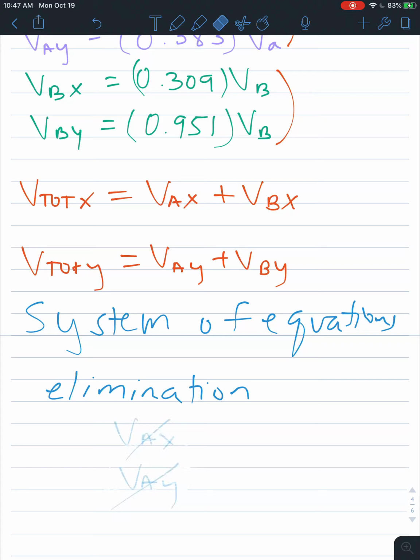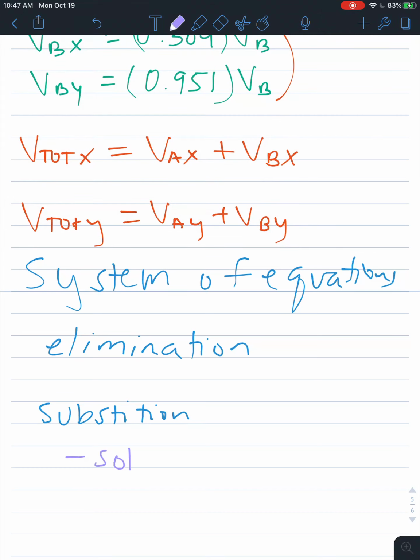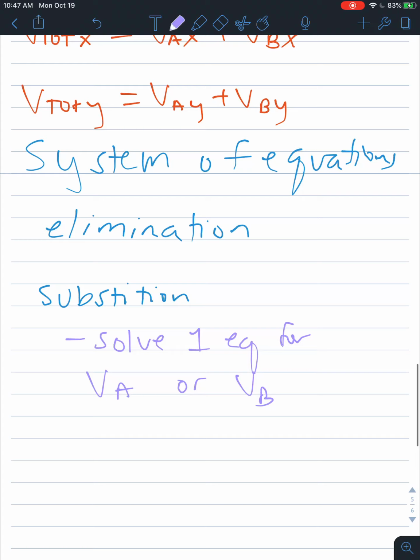You have to multiply your equations by a factor, like maybe multiply this one by 2 and this one by 3 in order to get the same coefficients. The problem is you're working with coefficients that are decimals, so elimination is going to be a little bit more difficult. Instead, you're going to want to use substitution. In order to use substitution, you're just going to solve one of the equations for VA or VB. You pick, doesn't matter.